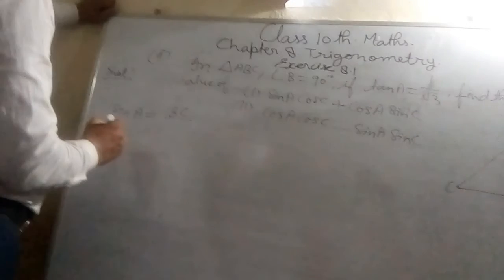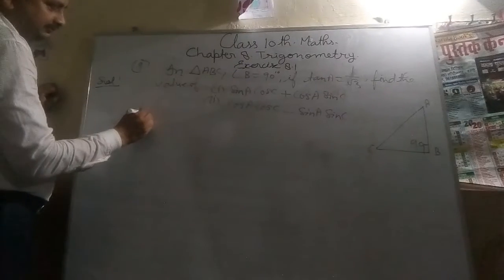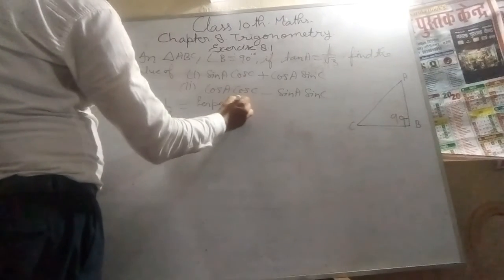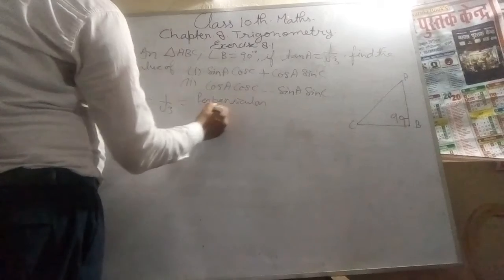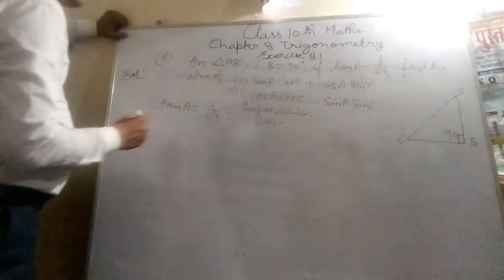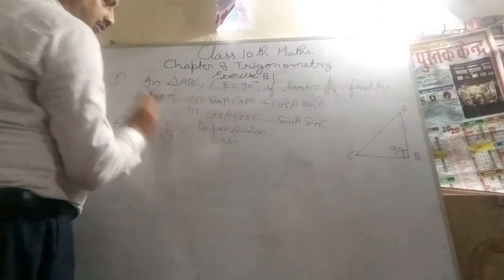Then BC by, and we have given one thing, tan A equal to 1 upon root 3, hence perpendicular upon base. Then perpendicular equal to 1x and base equal to under root 3x.